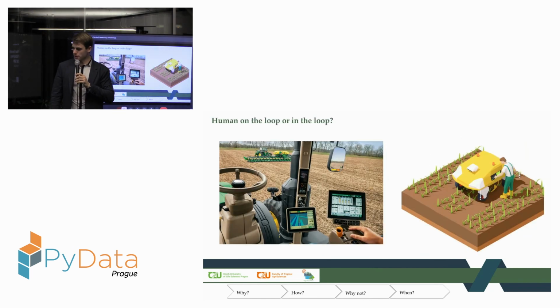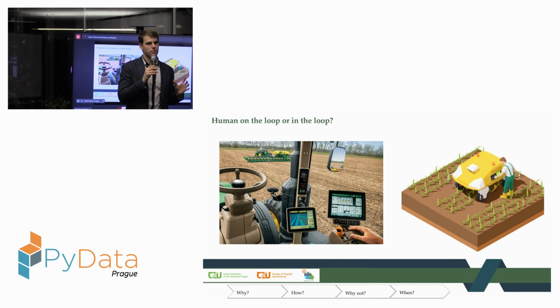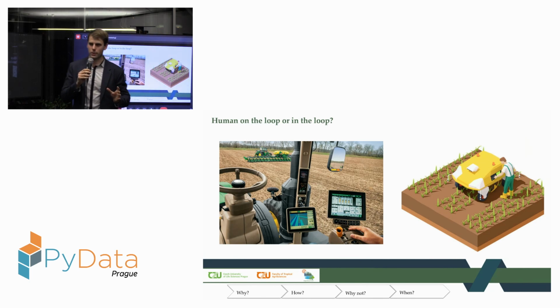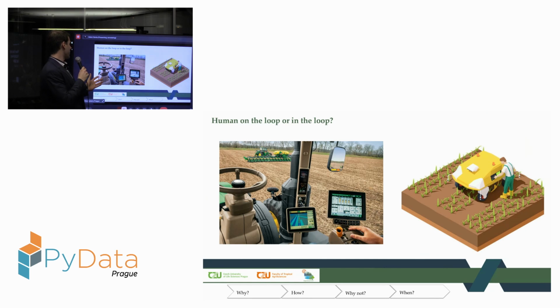One of the bigger questions which we should probably talk about as well is how much you want to innovate, because even though we would be able to fully automate the stuff, there's this dilemma whether it would actually be good to get rid of all the humans. That's the dilemma between having a human on the loop and in the loop.